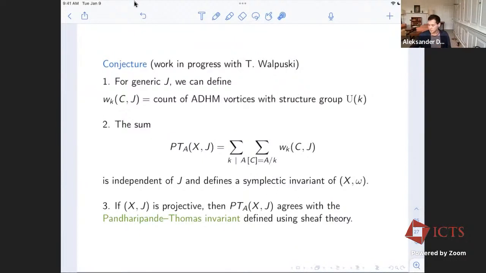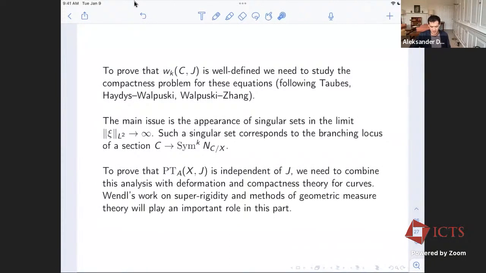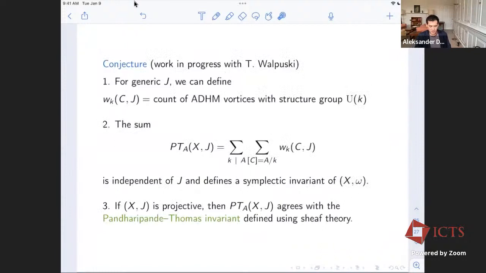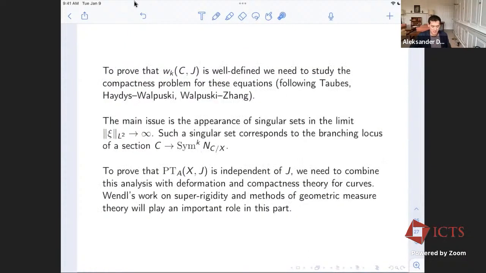So I wanted to say this is an interesting question in its own right, to study these vortex equations and to study the non-compactness phenomenon. Recently there's been a lot of progress on these sorts of compactness questions due to Taubes, Heides-Walpurski, and Walpurski-Zhang, and also other people.